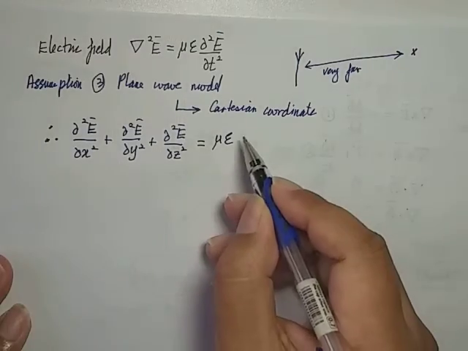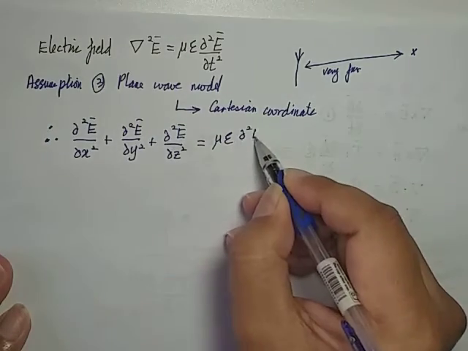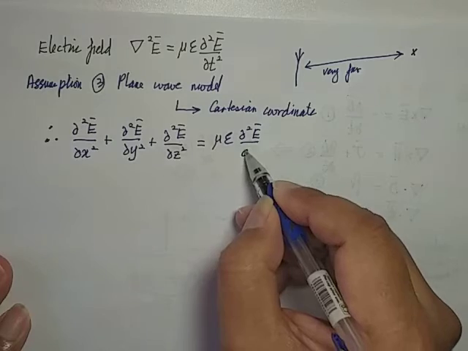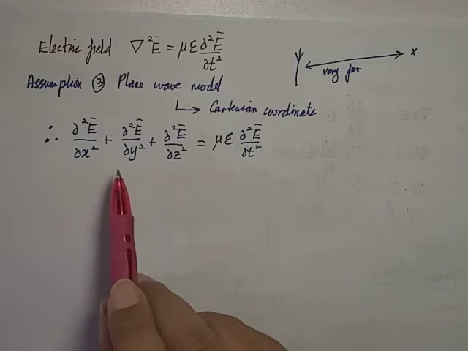Why mu epsilon? Because we are dealing with a perfect dielectric: d square E over dt square. So yes, the model is cumbersome. Why? Because we have to use all three variables in our model, which are x, y, and z.